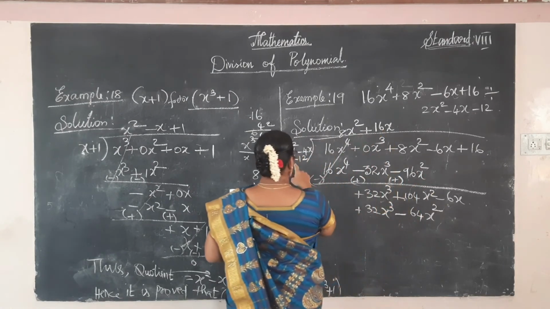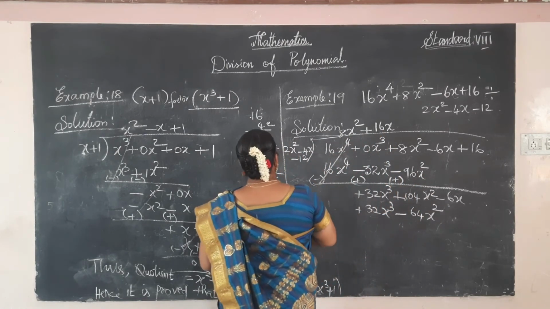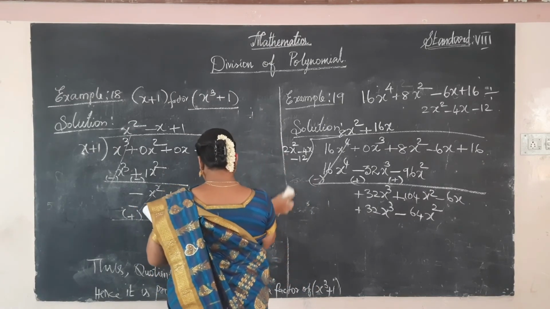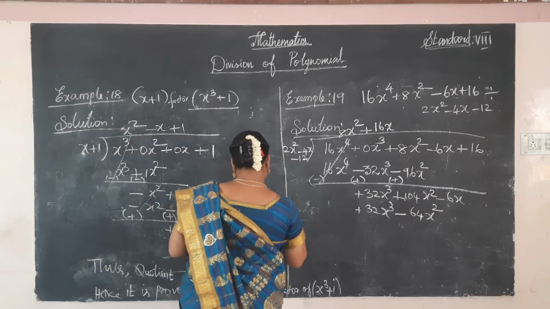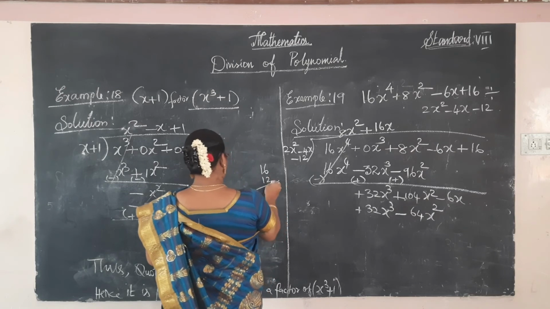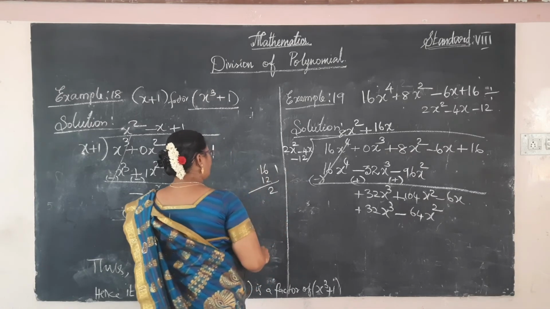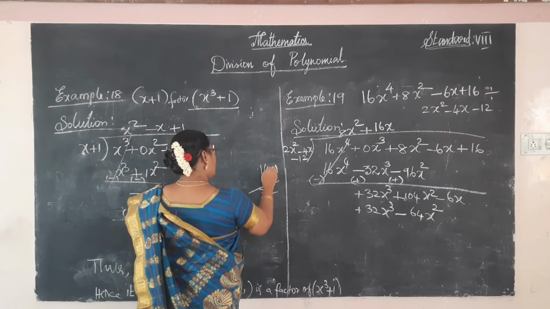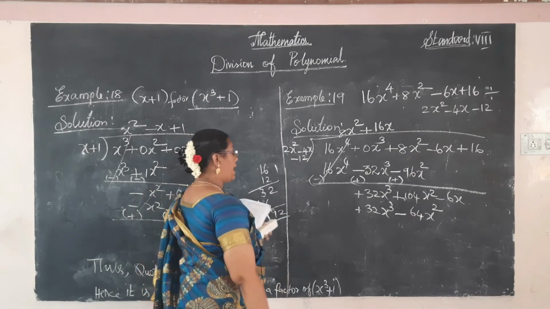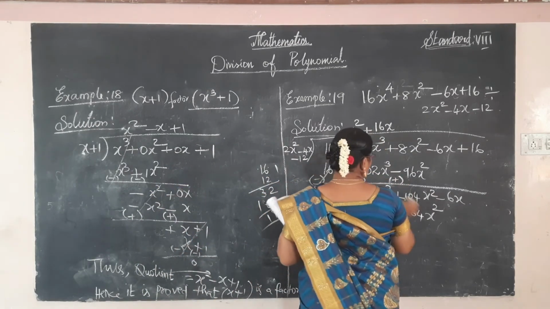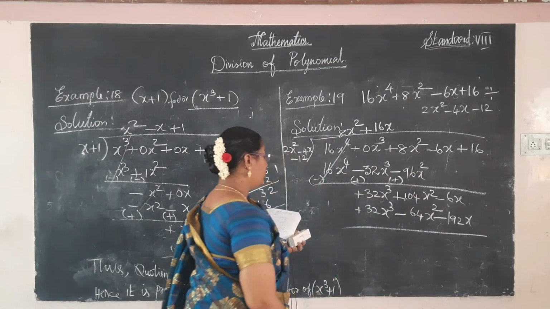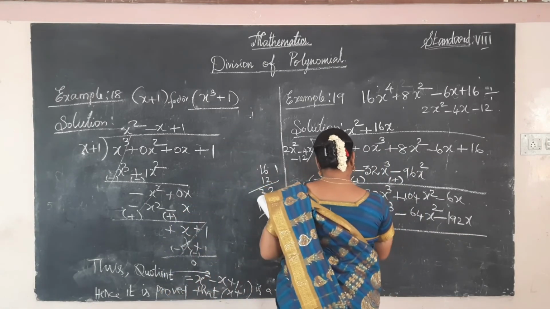And next term, multiply 16 twelves, which is 192, plus into minus, so minus 192x.